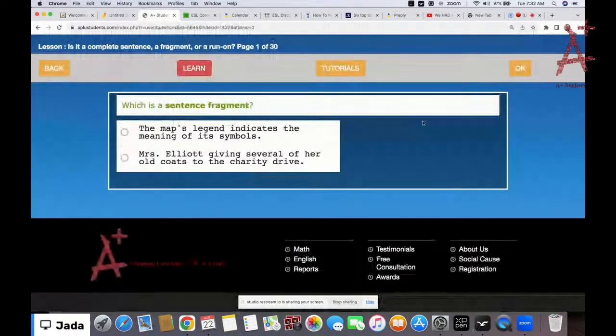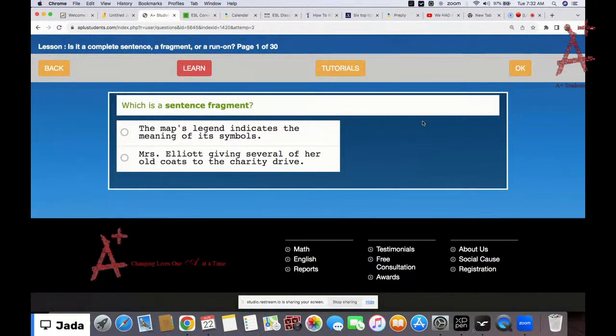It says, which is a sentence fragment here? The map's legend indicates the meaning of its symbols. Mrs. Elliot given several of her old coats to the charity drive. So if you check the second one, it's a sentence fragment because it's missing a helping verb.